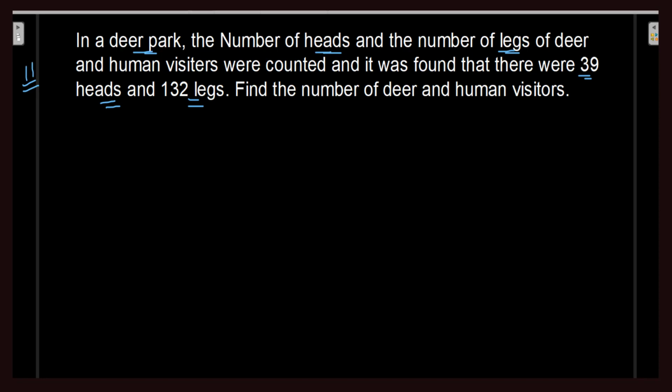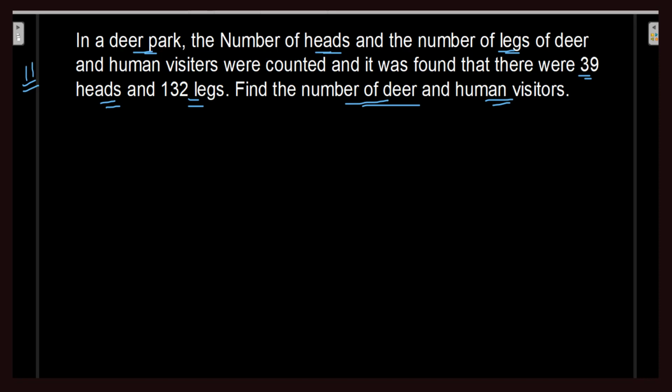Friends, in a deer park, the visitors' heads and the deer's heads were counted, and the visitors' legs and the deer's legs were counted, and it was found that the total heads were 39 and the total legs were 132, and we have to find the number of deer and the number of human visitors.